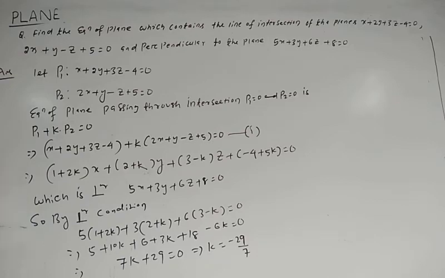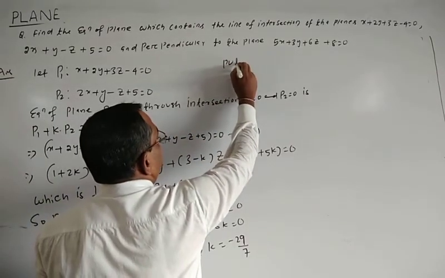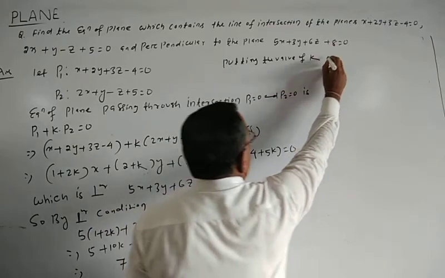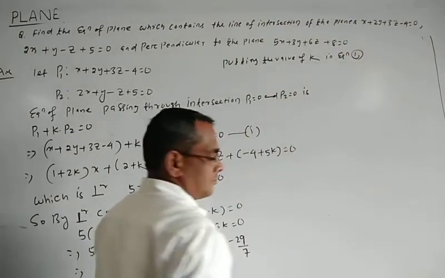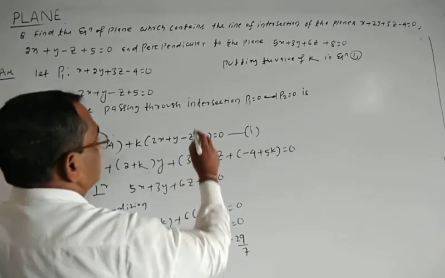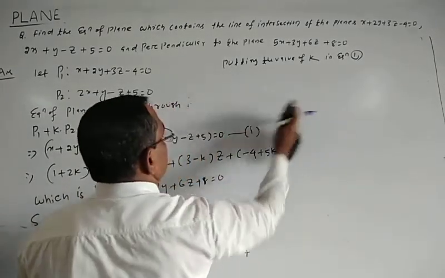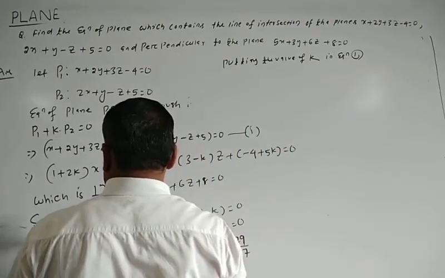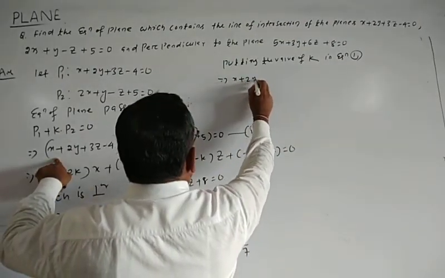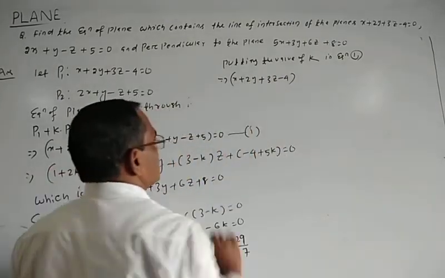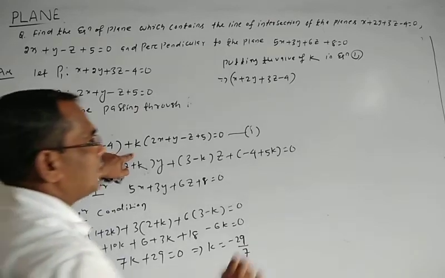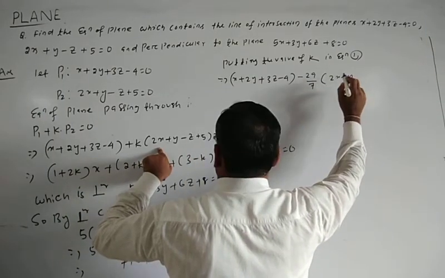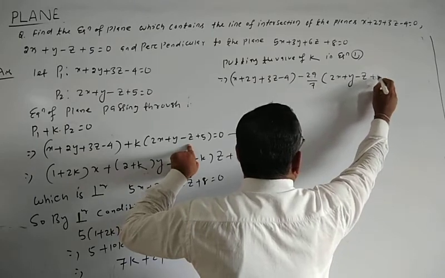Putting the value of k in equation 1, that is x plus 2y plus 3z minus 4, with k equal to minus 29 by 7, times 2x plus y minus z plus 5 is equal to 0.